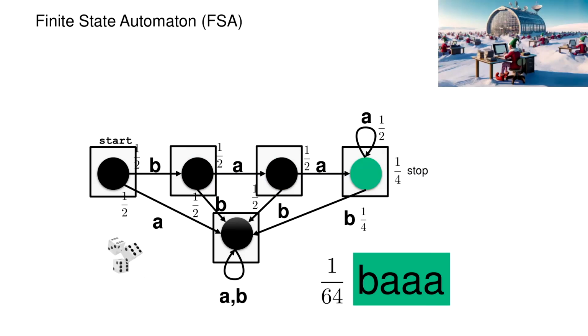And so here, the probability that I generate this word, ignoring whether I accept it or not, is 1/64. Right? So it's 1/2 for B, 1/2 for A, 1/2 for A, 1/2 for A, and then 1/4, that's the probability of stopping every time, right? So it's independent, right? So when you arrive there, you decide, do I stop, do I not stop? And if you don't stop, then you toss a coin for A or B, right?